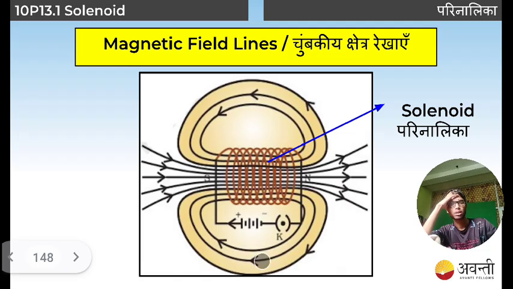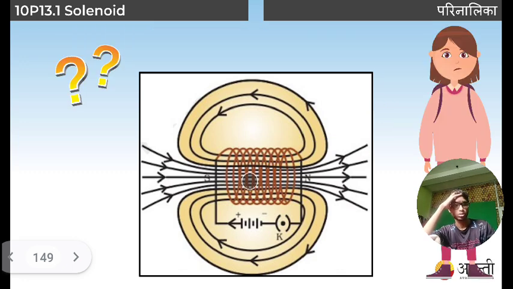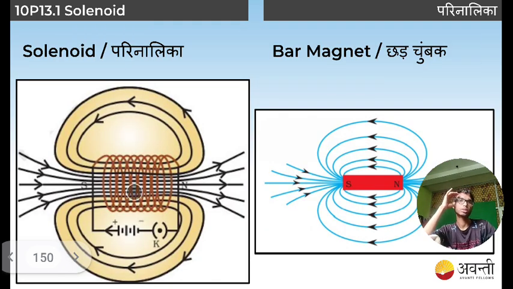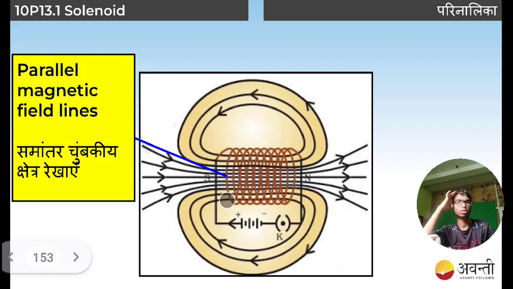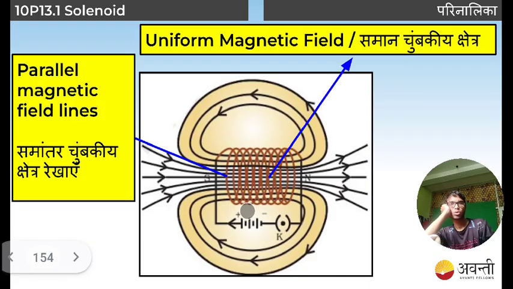This will be the pattern of the magnetic field, and it is the same as we saw here. Both patterns are the same. North pole here, south pole. Parallel magnetic field lines. Yeah, these are parallel. Uniform magnetic field.